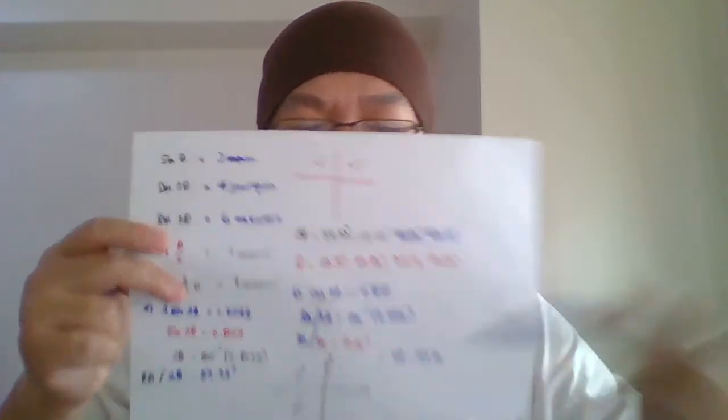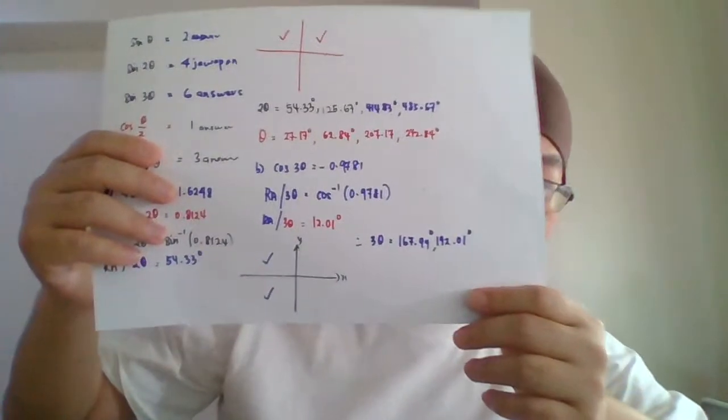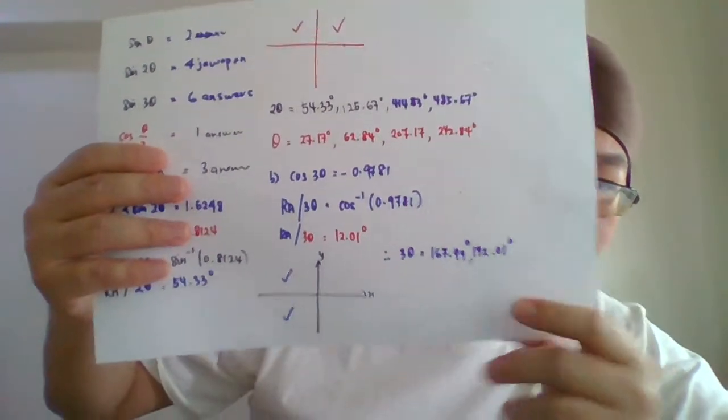Okay. For the third quadrant, 180 plus with our RA. So, we are supposed to get 12.01. Kita akan dapat 192.01 degree. Okay, guys. Nampak? Ini first step anda kena buat. Alright.